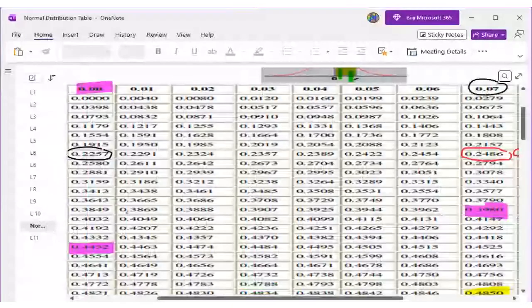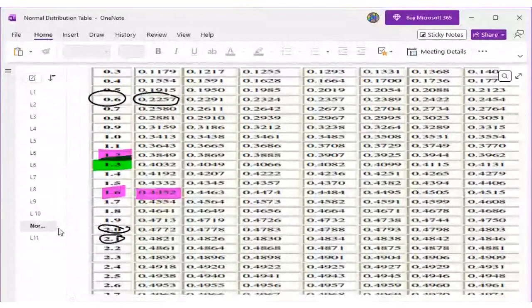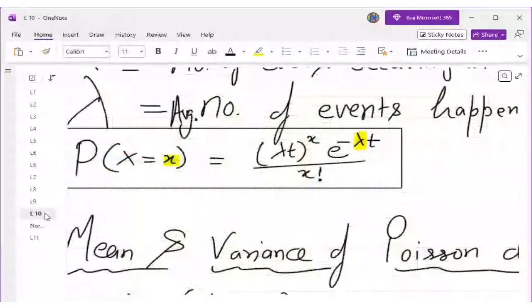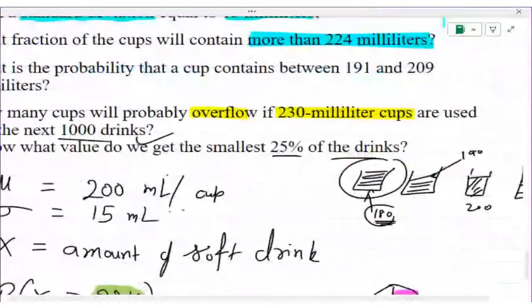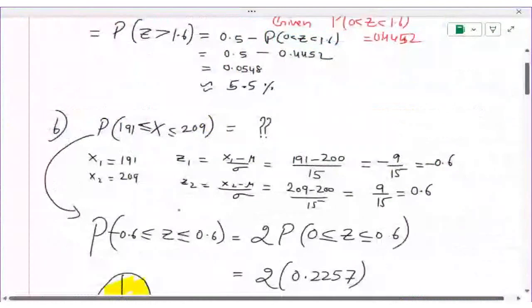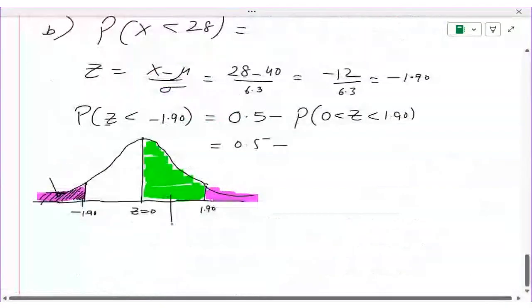So 1.90, 0.4713, or 0.4793, I think it was this value.